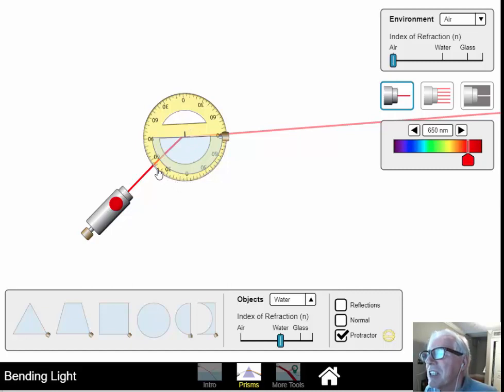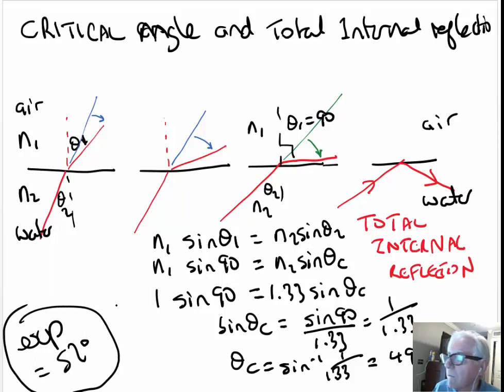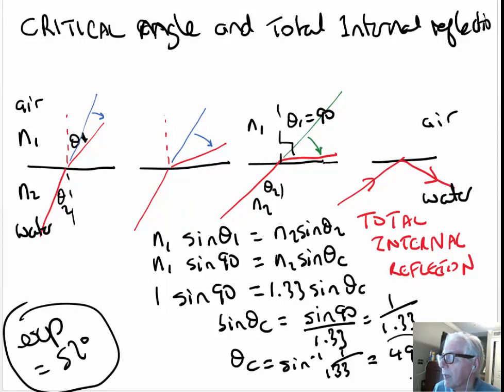I'm getting 52 degrees on this. And so let's have a look. I said 49. The experiment's giving me 52. EXP equals 52 degrees. Not bad. That's prediction.